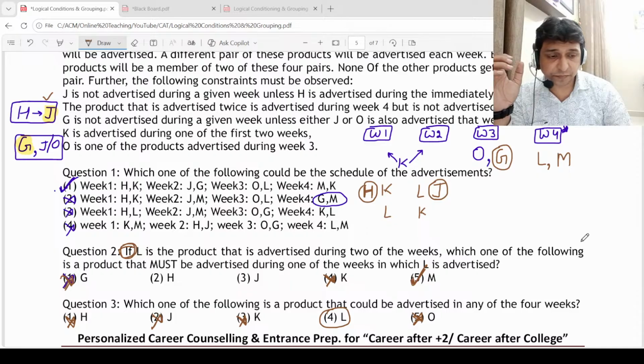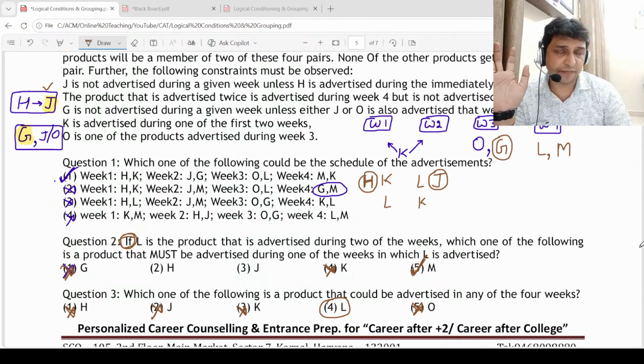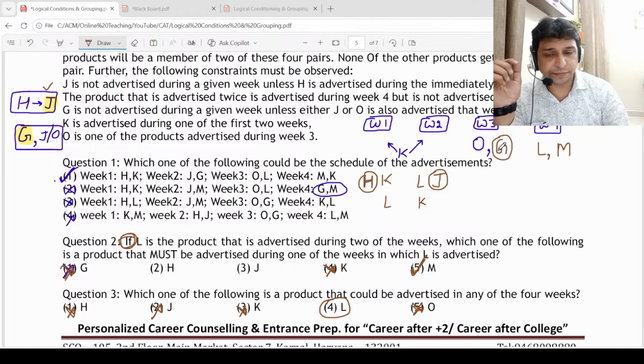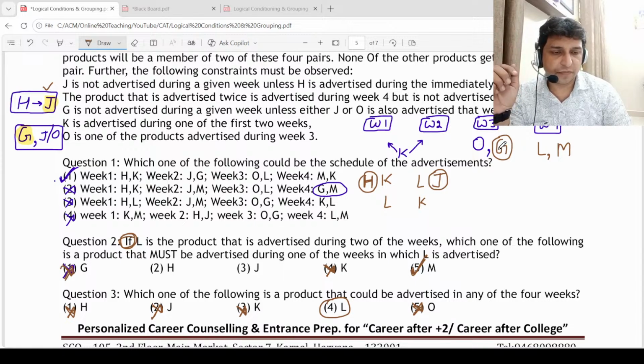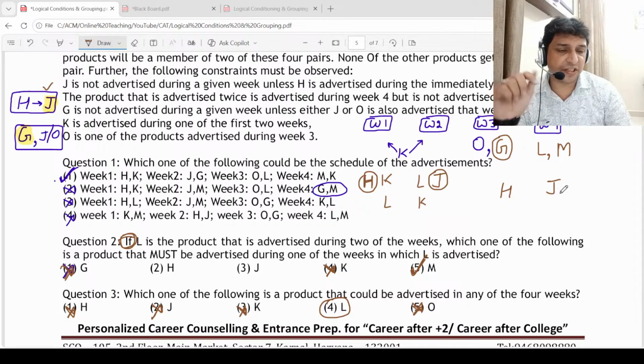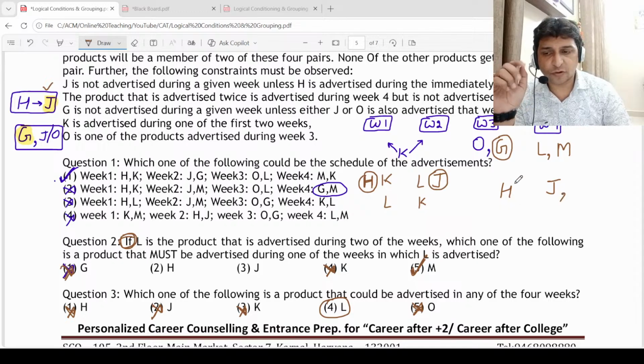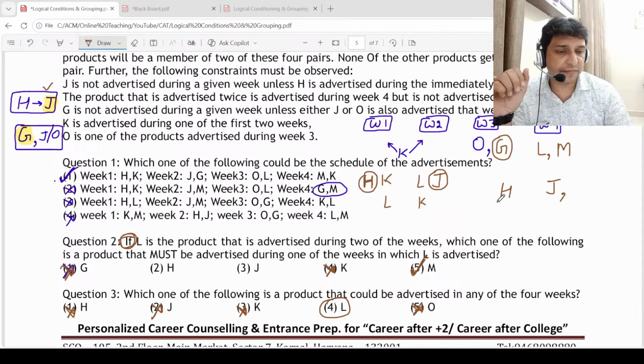Let's see. We know O is in week 3 and it's not getting repeated. If I have H here, then we know H will not get repeated. So after that H, we may have J here. That means either J has to be repeated or something else has to be repeated.